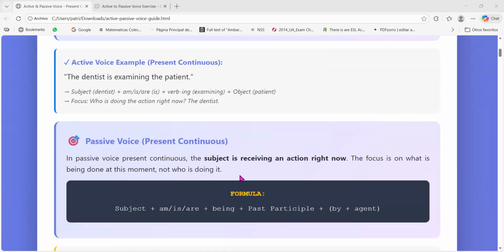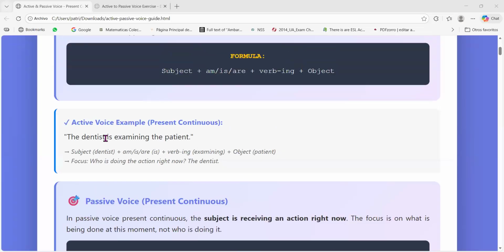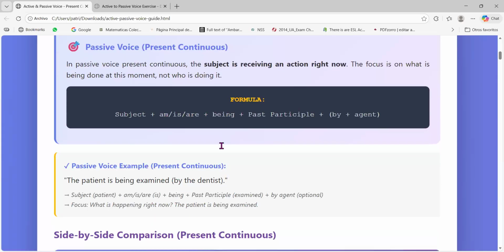That's why in the first, who is examining? The dentist. And the patient is receiving the action in the same tense, but the focus is different.